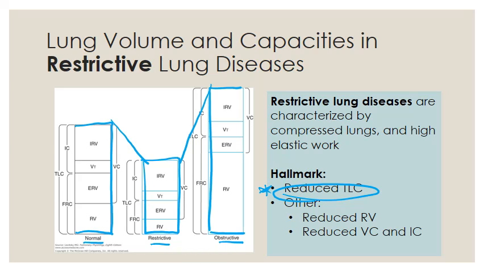Baked into this is going to be a lower residual volume. This is going to be pretty significantly compressed compared with obstructive and normal. And let me link these two here. A lower vital capacity, and this is one's ability to inhale and exhale maximally.